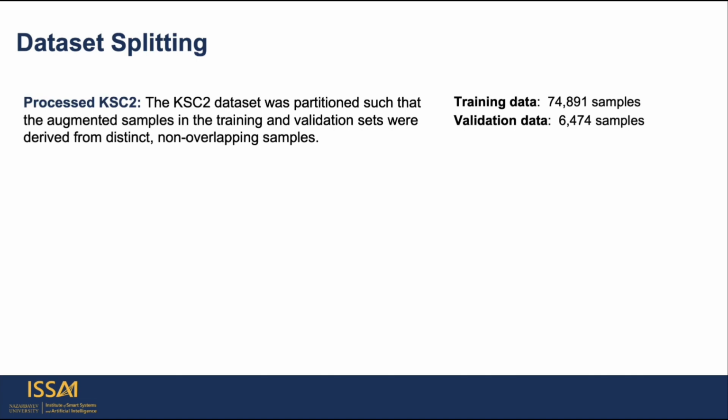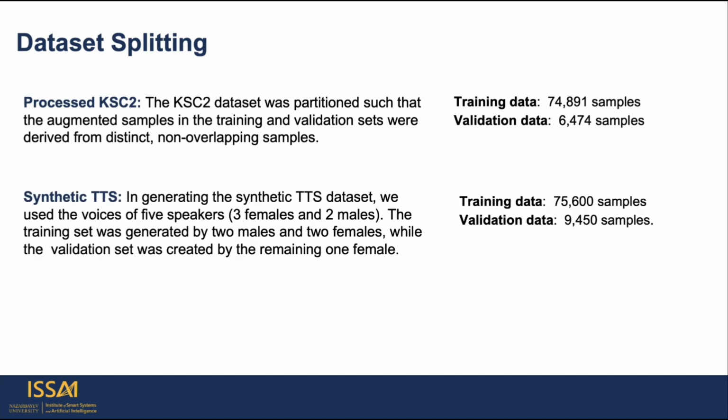The training and validation set contains 74,891 and 6,474 samples correspondingly. In generating synthetic TTS dataset, we used the voices of 5 speakers, 3 females and 2 males. Consequently, the data generated by 2 males and 2 females were designated as training data, while the remaining female voice was assigned to the validation data.